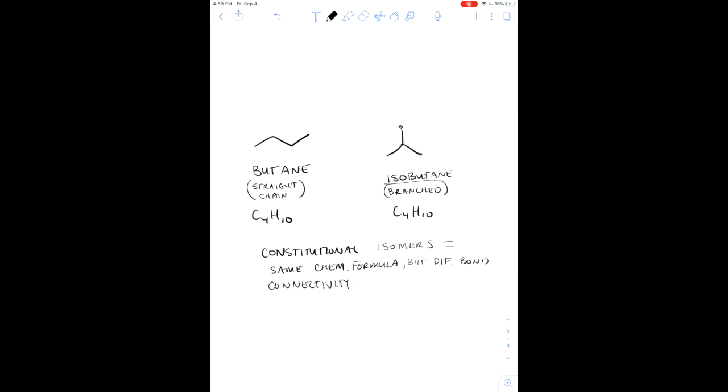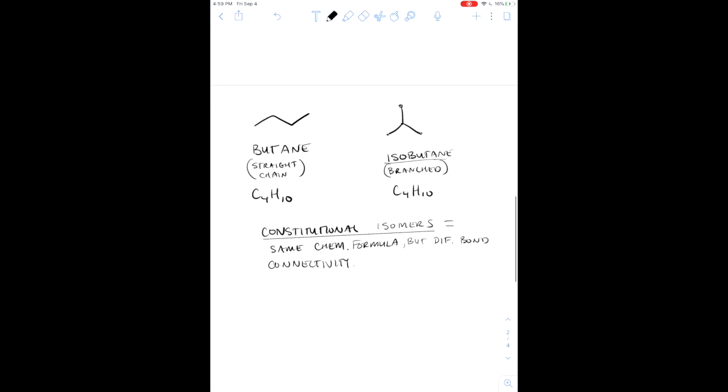Okay, and that again is a constitutional isomer. So this is really important that we're aware of this.